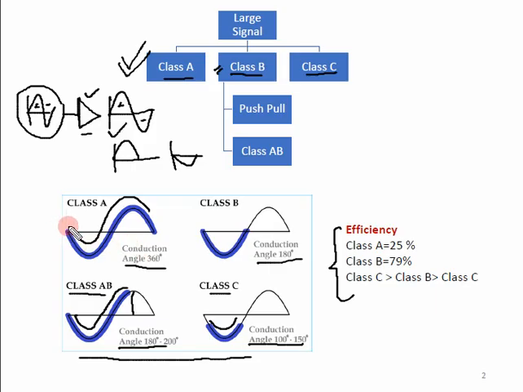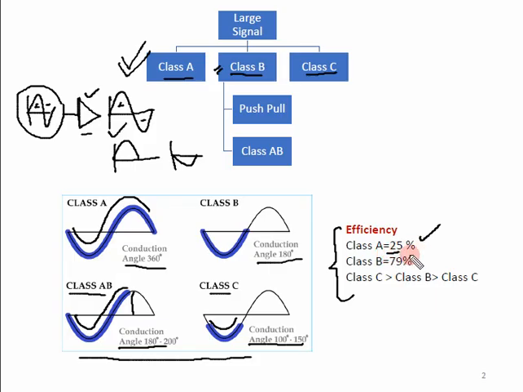If it is operated for the entire cycle of the input signal, the efficiency, which we mathematically proved last time for a class A amplifier, is 25%.